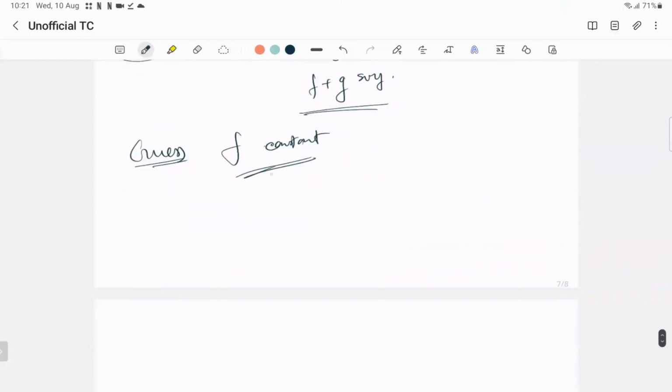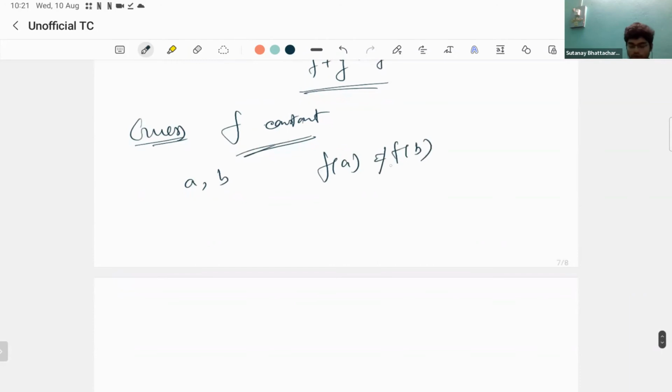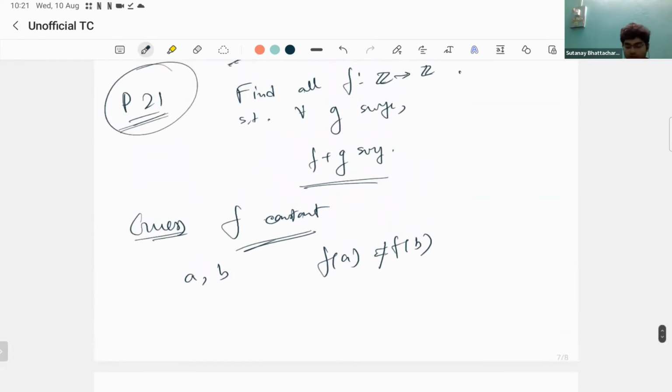So basically, we want to prove that f is a constant, which is saying that given any a and b, we want to prove that f of b is equal to f of a. In case f of a happens to be not equal to f of b for some a and b, we want to derive a contradiction. So what would constitute deriving a contradiction? That would be coming up with some surjective g, such that f plus g is not surjective.